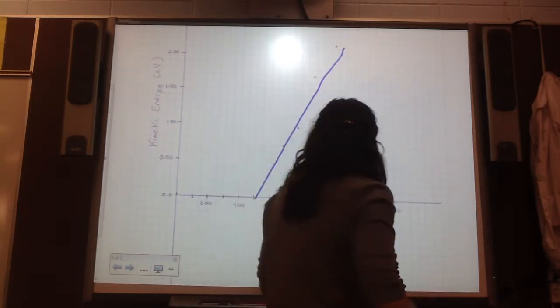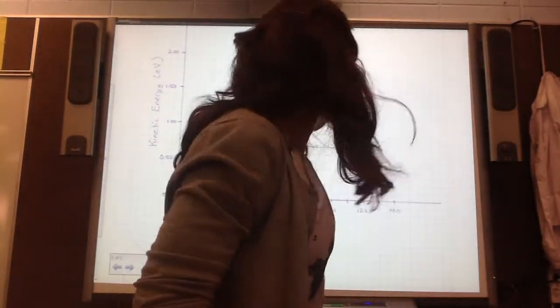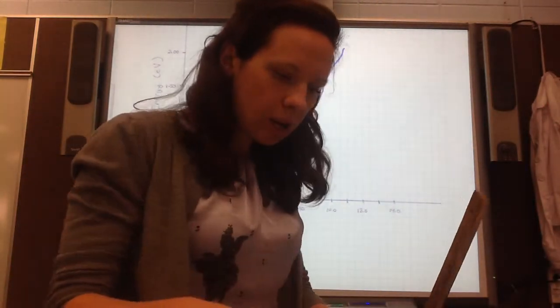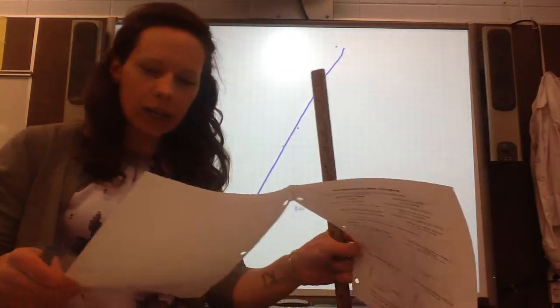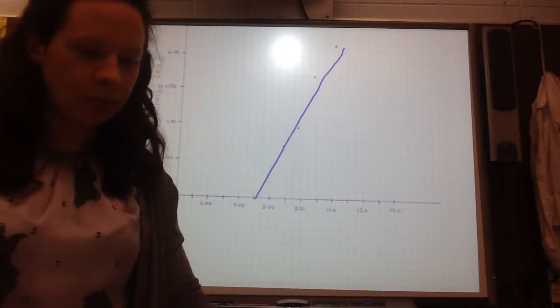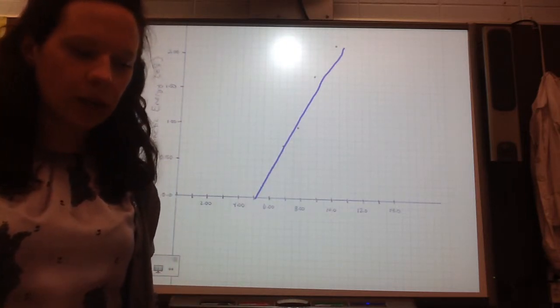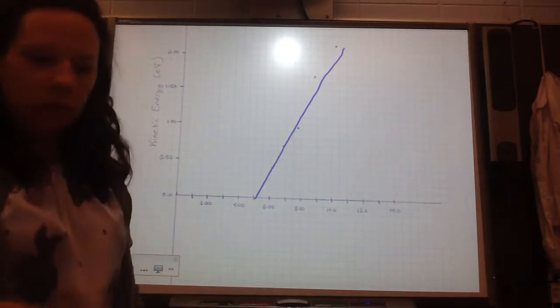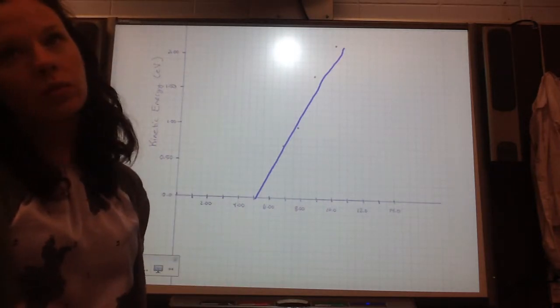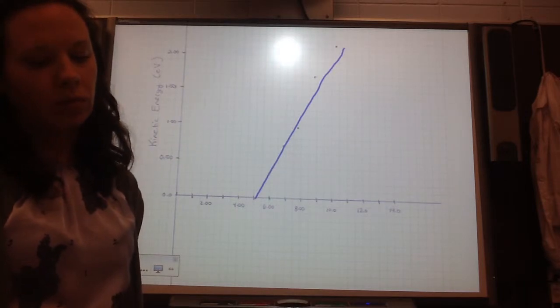So what you get is your slope, and my slope should be like 4.15 times 10 to the negative 15, or 4.13, something around that.